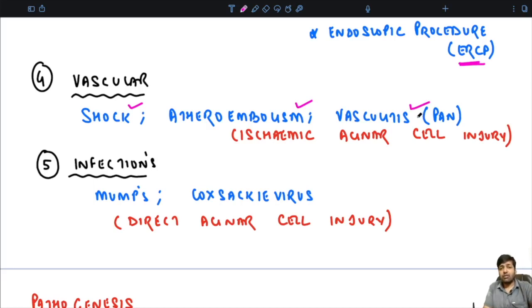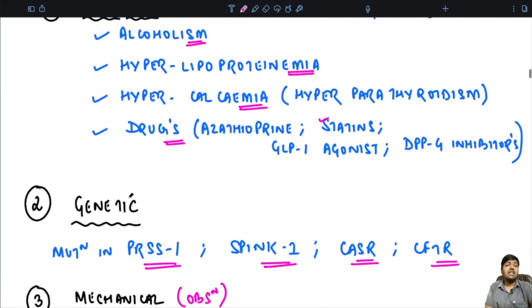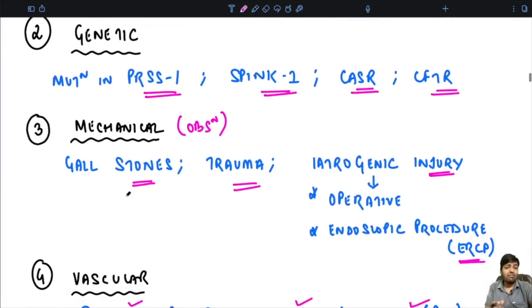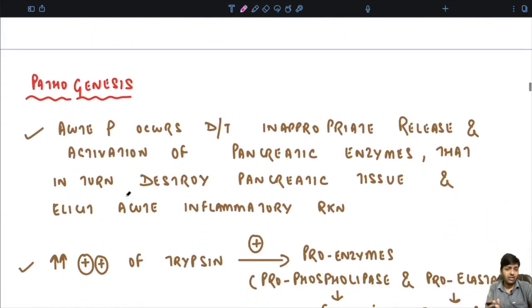All these are vascular causes leading to ischemic acinar cell injury, precipitating acute pancreatitis. Then infections like mumps and Coxsackie virus can directly cause acinar cell injury and lead to acute pancreatitis. So these are the 5 most important causes of acute pancreatitis: metabolic, genetic, mechanical, vascular and infectious causes.